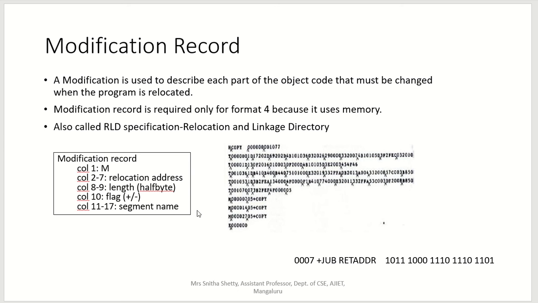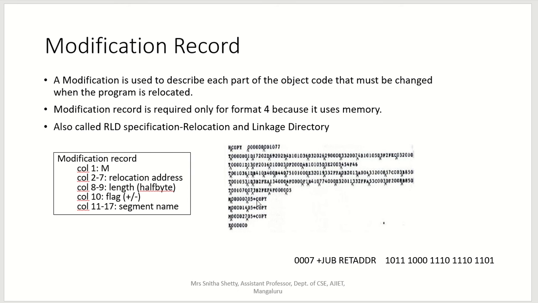So we are adding an extra M into the object program itself, in the following syntax. Column 1 is M, column 2 to 7 is the starting address, I mean which address has the format 4. Next, how many half bytes, 1, 2, 3, 4, 5, followed by the name of the program.